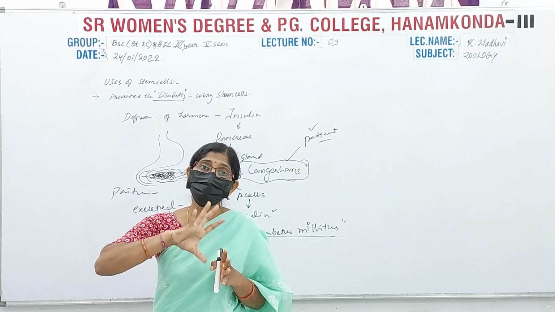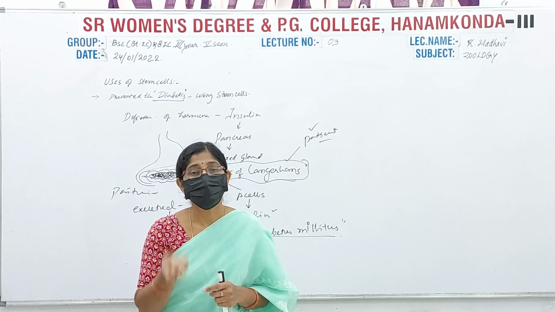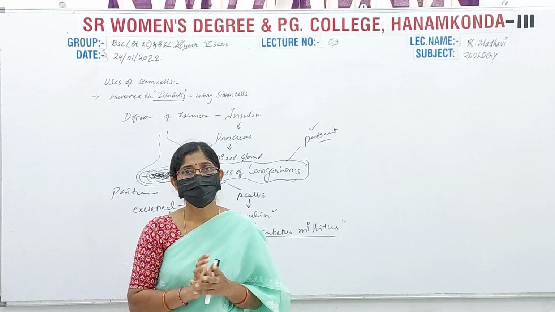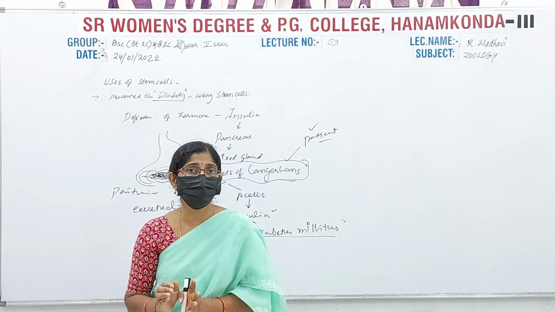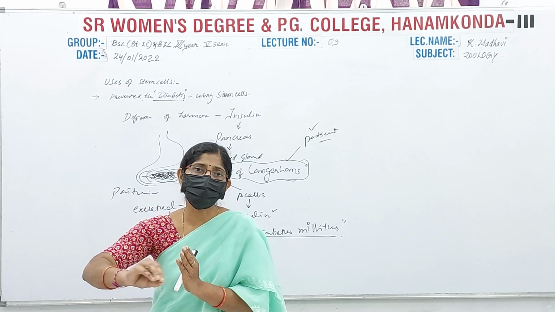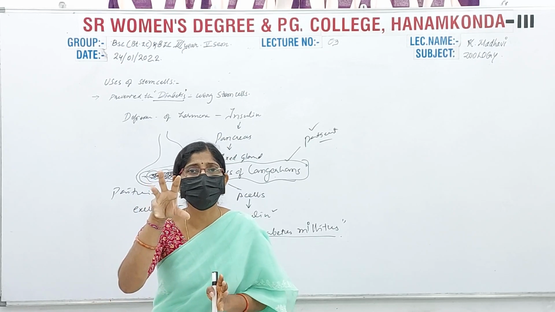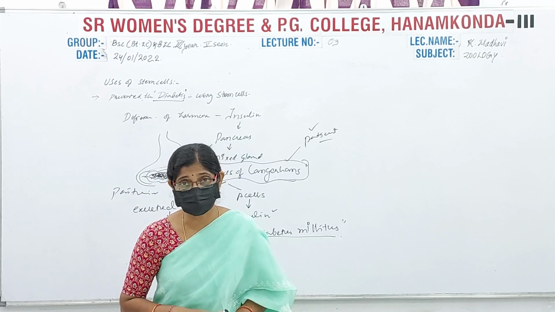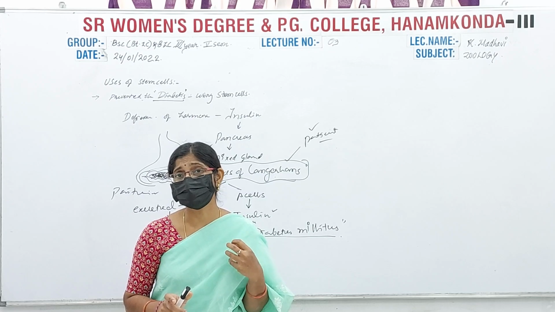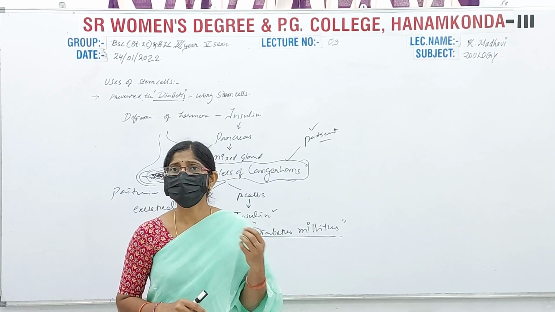Instead of total gland transplantation, scientists use only the islets of Langerhans. They separate the islets and implant them into the specific region of the pancreas, and then their cells, the beta cells, are ready to secrete insulin.